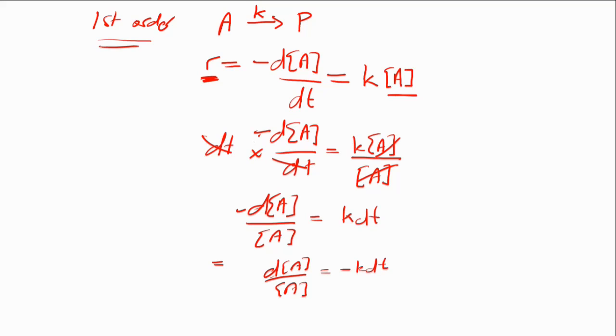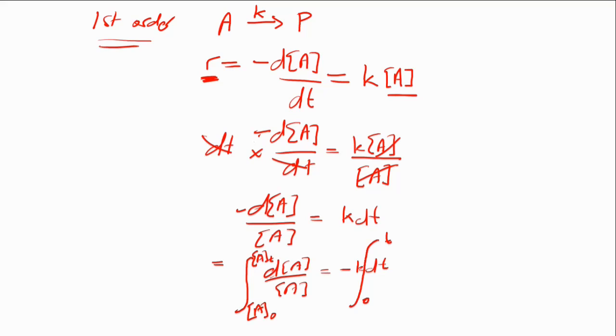Now what we could do now is to integrate, right? We could integrate between limits of an initial concentration of A and a final concentration of A. Okay? Over here, we could do the same thing. K is a constant, so we could put that in front of the integration sign, and we could integrate from time equals 0 to some time later on called t. Okay?